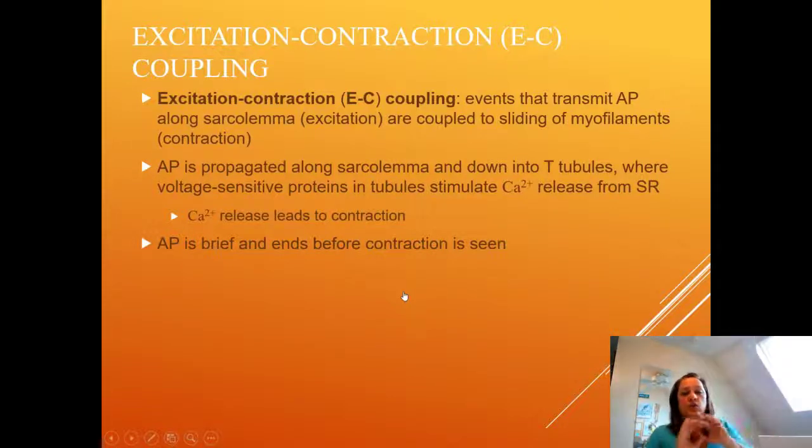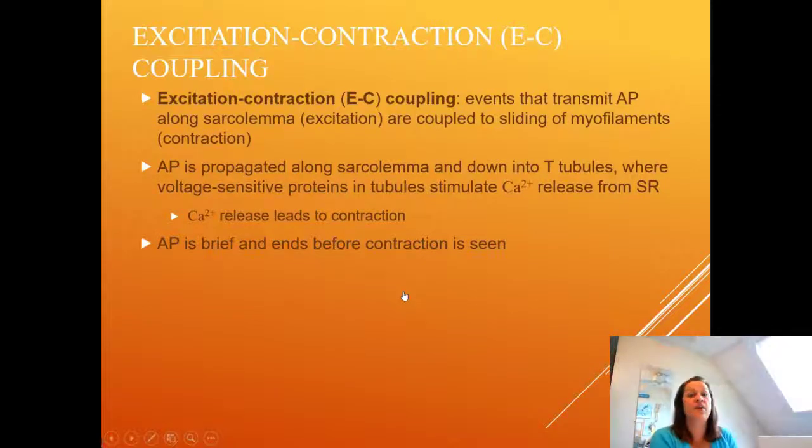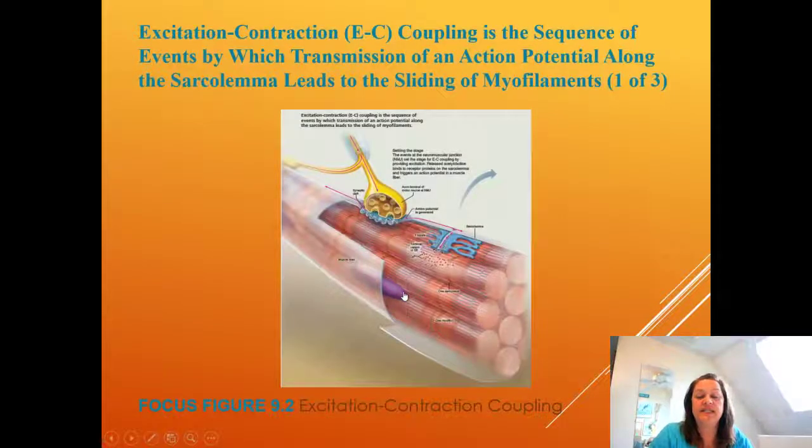So now that we have followed the action potential through the movement of sodium across the sarcolemma, it's going to go down through the T tubules. Now, the T tubules lead to the sarcoplasmic reticulum, which is very sensitive to voltage. And when the voltage change happens, the sarcoplasmic reticulum releases calcium. Once that calcium is released, it's called excitation-contraction coupling.